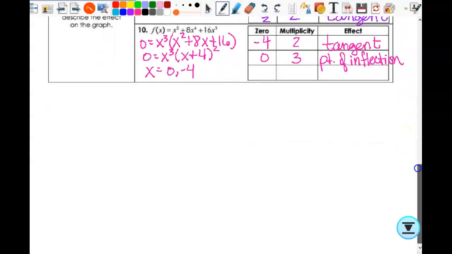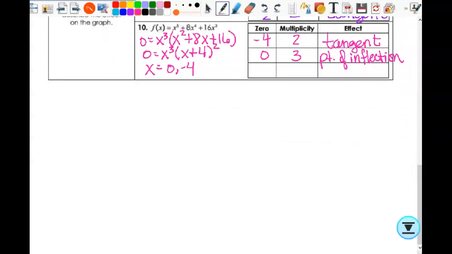When you're done, you check yourself with me, see if you agree. And if you had to wait for me to scribble down the factoring and the zeros, that should be a point of concern for you.